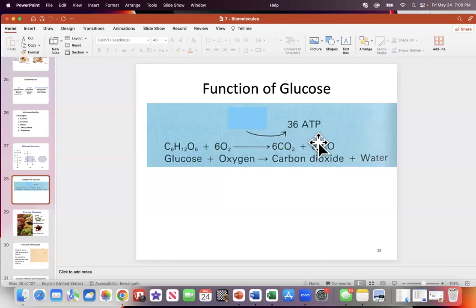Because every living cell in your body does that. They take glucose in order to produce ATP. So in the test, if I ask you, what's the biomolecule used to produce ATP? The answer will be glucose. What's the carbohydrate, monosaccharide, that directly produces ATP? That's glucose.